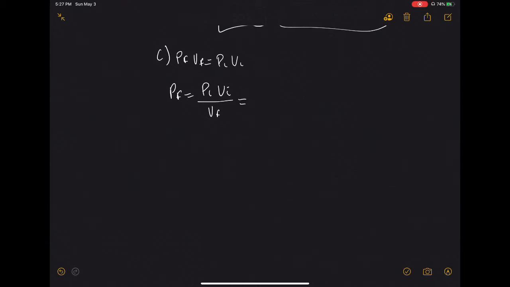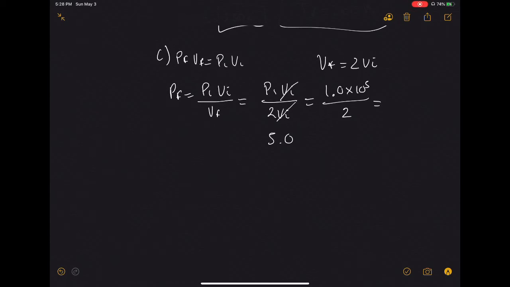The problem says the final volume is twice the initial volume, so I'm going to plug that in. The V initial cancels out. So 1.0 times 10 to the 5, that is the pressure, divided by 2, and that's going to give us 5.0 times 10 to the 4 pascals.